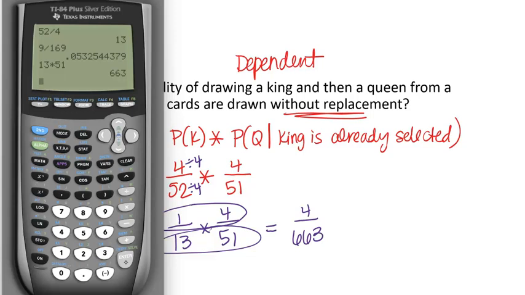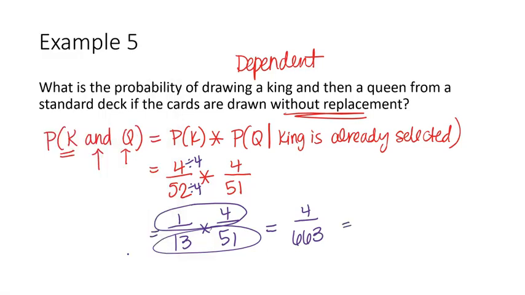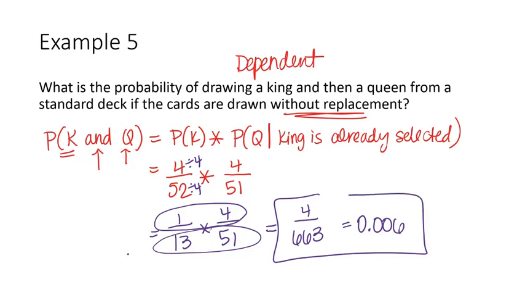I can leave it as that fraction, or I can give it as a decimal, 0.006. Whoops. So with the dependent probabilities, I still just can remember that and tells me to multiply them together. But I have to take into consideration that second one, assuming the first has already happened.